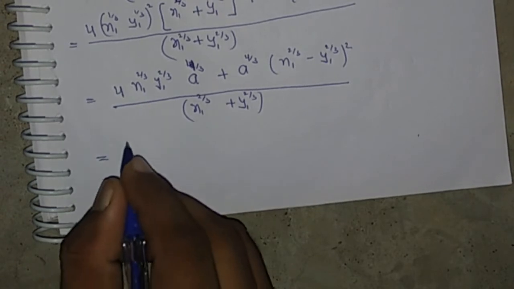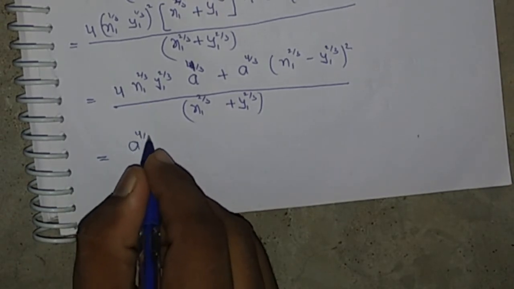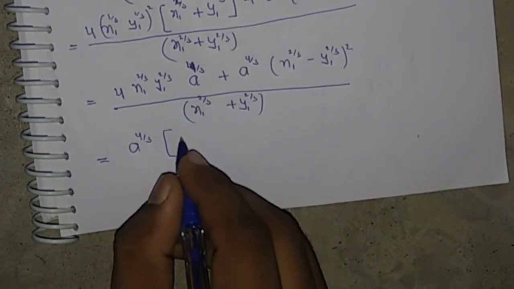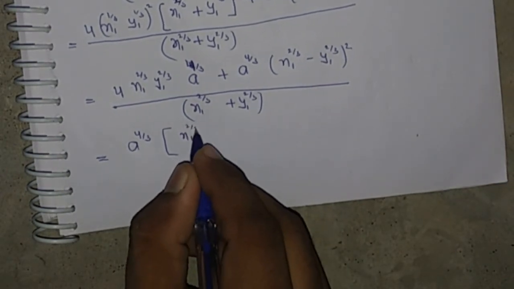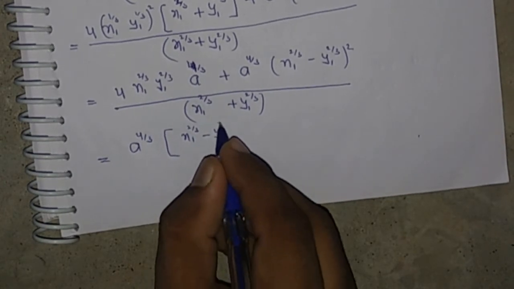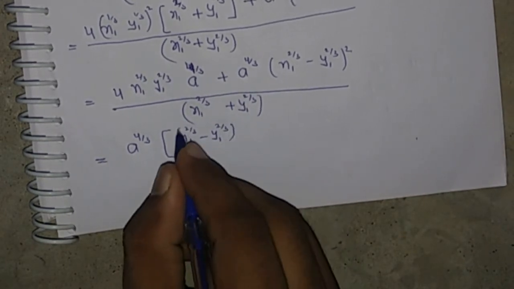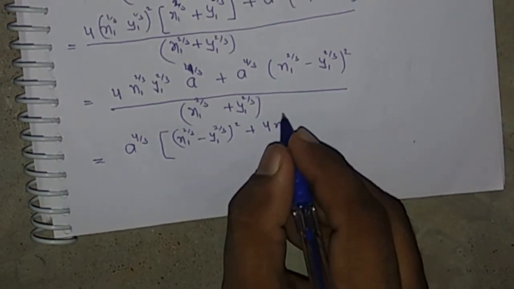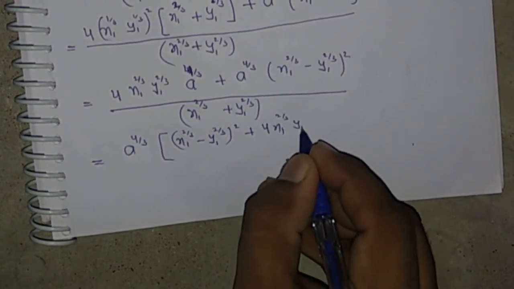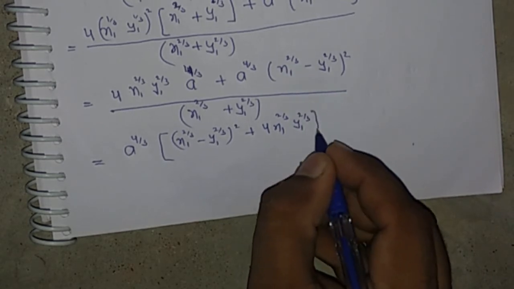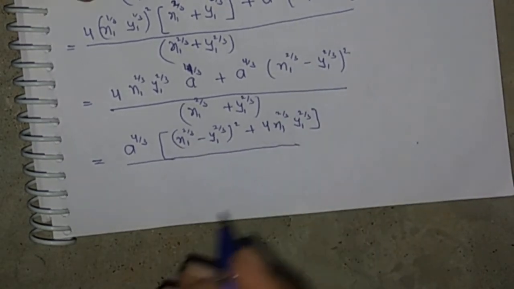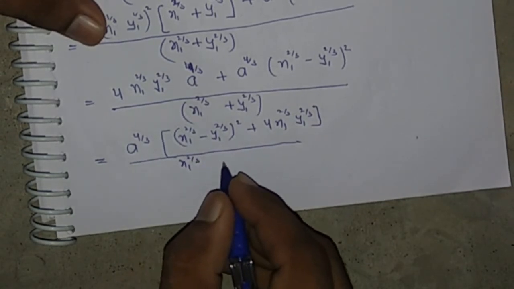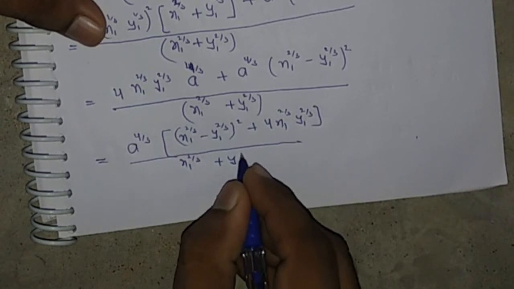Now a to the power 4/3 is common, then it is equal x1 to the power 2/3 minus y1 to the power 2/3 whole square plus 4 x1 to the power 2/3 y1 to the power 2/3, over x1 to the power 2/3 plus y1 to the power 2/3.